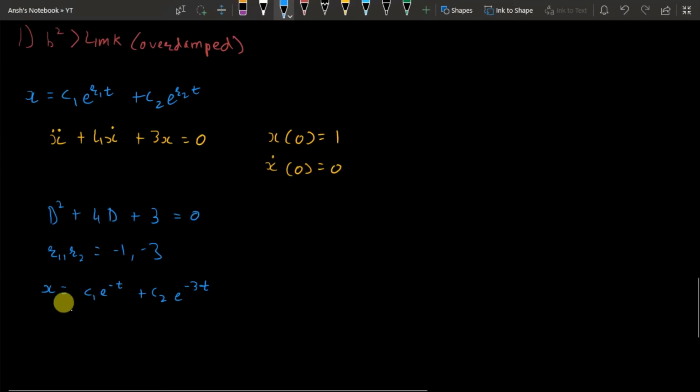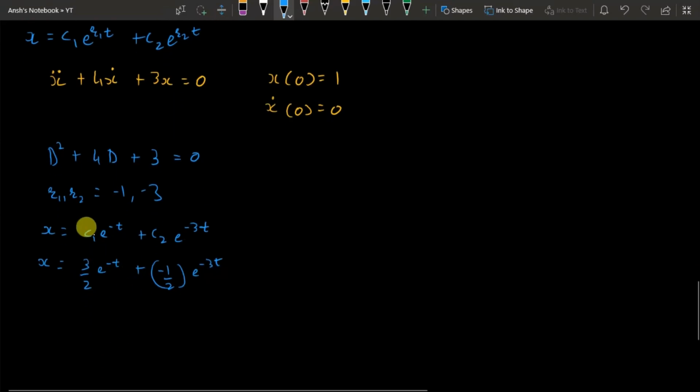And finally, when you do all of that, you get the value of c1 as 3 by 2 and c2 as minus 1 by 2, so x is 3 by 2 e raised to minus t minus 1 by 2 e raised to minus 3t. Again, I would recommend you watch the other video that we did on differential equations to know how we find the value of these constants.